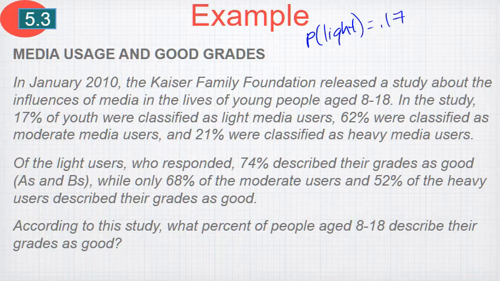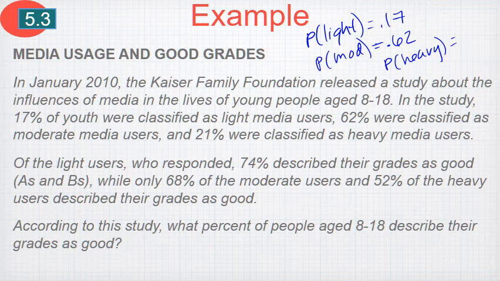Then I would keep reading. 62% were classified as moderate media users. So moderate was 0.62. And 21% were classified as heavy media users. Heavy, 0.21. Of the light users who responded, 47% described their grade as good, like A's and B's.